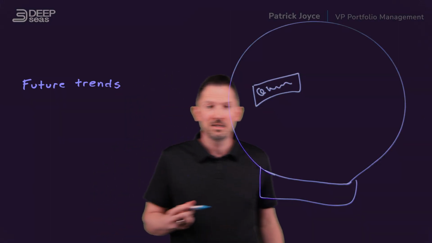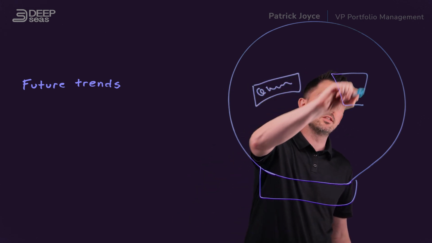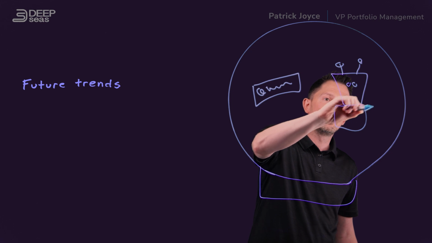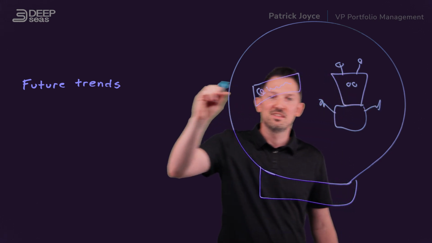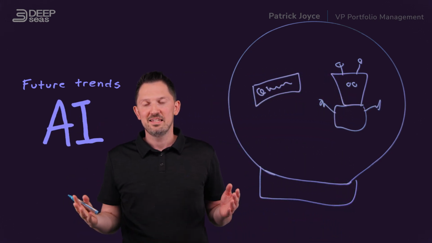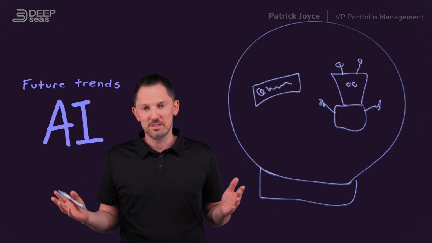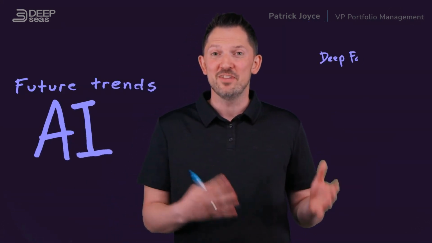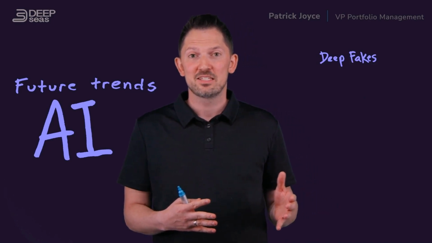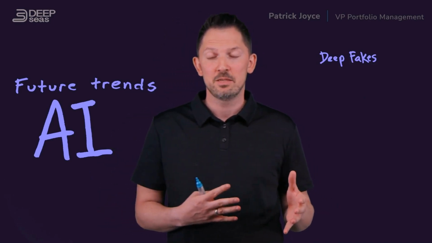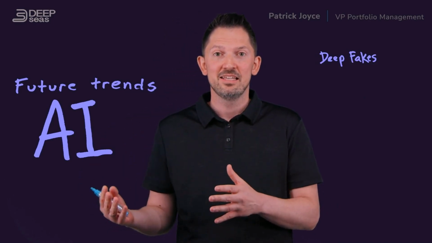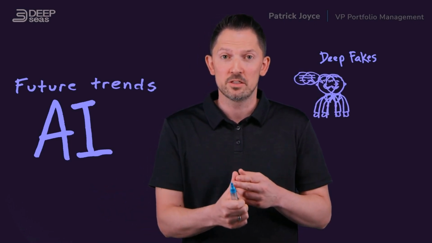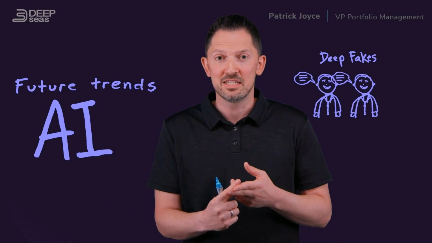Now, how about AI? Another interesting future trend that we're all talking about right now. AI is impacting everything we do. Have you heard about a concept or a technology called deepfakes? Deepfakes is a type of media that can be created using AI that can allow a person to replicate someone else's voice, someone else's image.